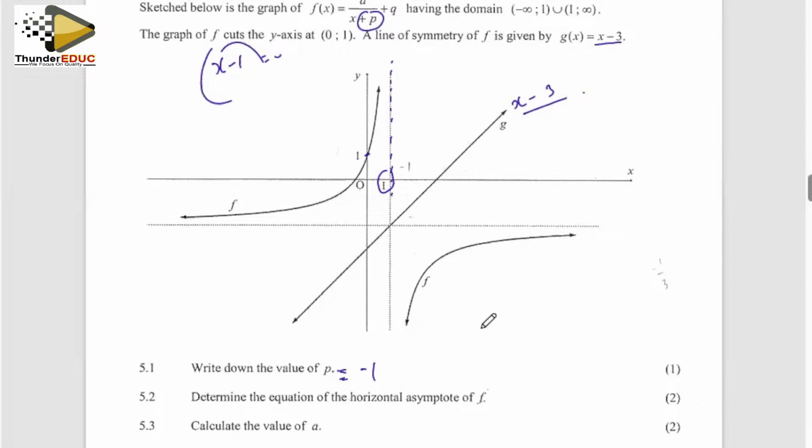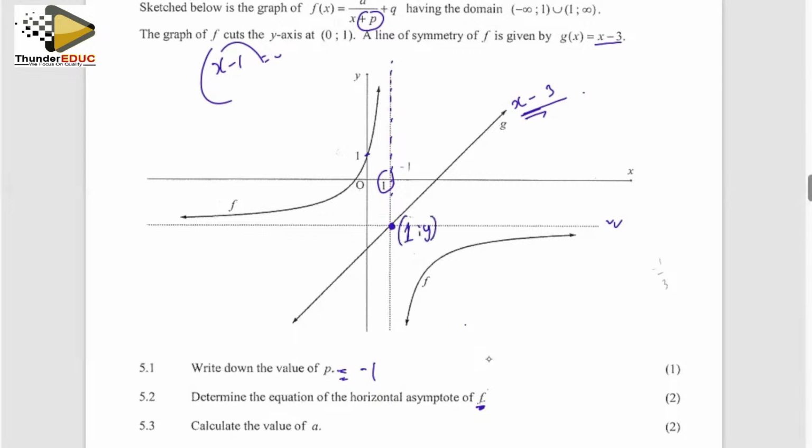The next question is asking us to determine the equation of the horizontal asymptote. So what we can see is that this horizontal asymptote is intersecting with the axis of symmetry. Funny enough, that horizontal asymptote is also intersecting with the vertical one. So at this point here, x is 1.